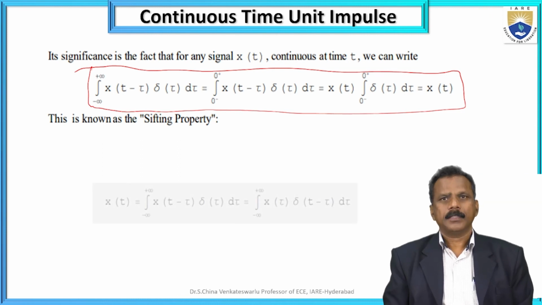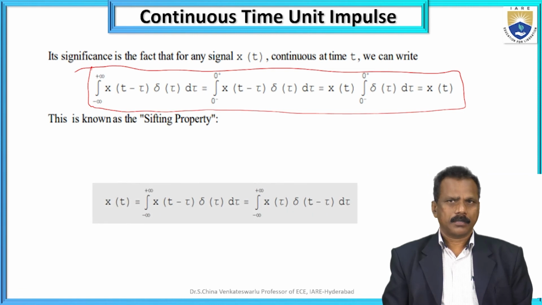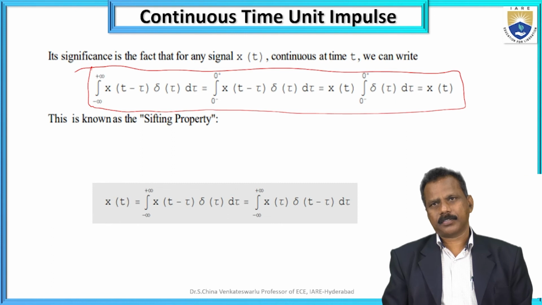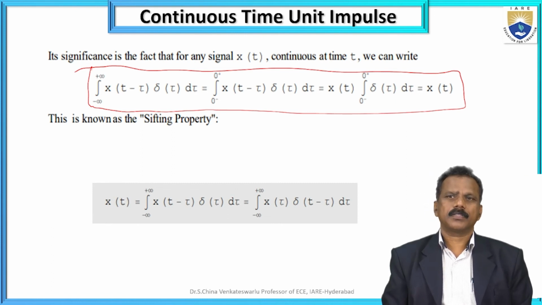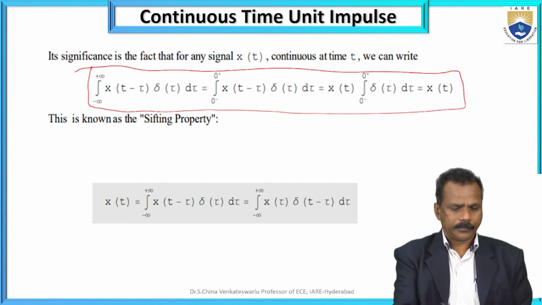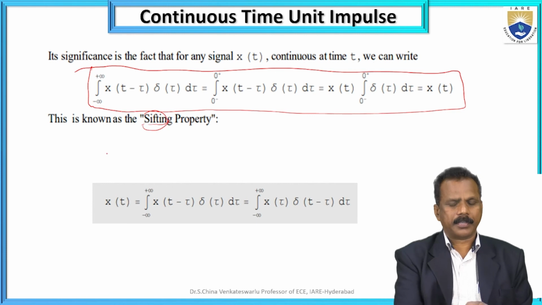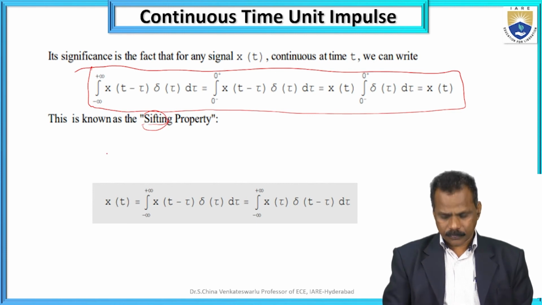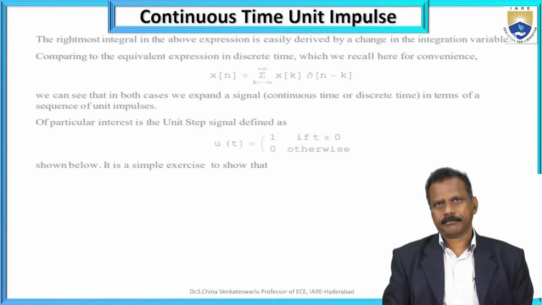So after applying this shifting property, we can easily calculate x of t for the continuous time unit impulse function. If we did not have this shifting property, we would be unable to estimate the continuous time unit impulse function.